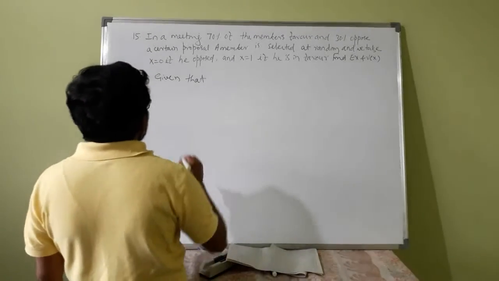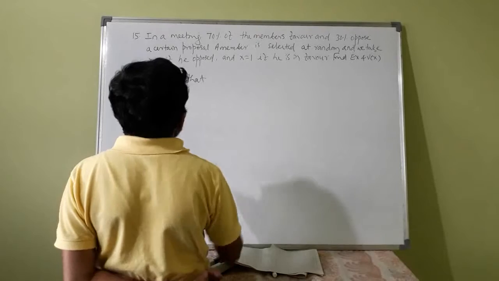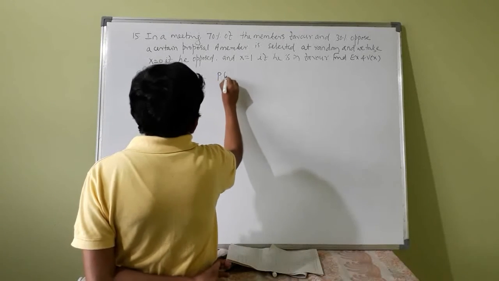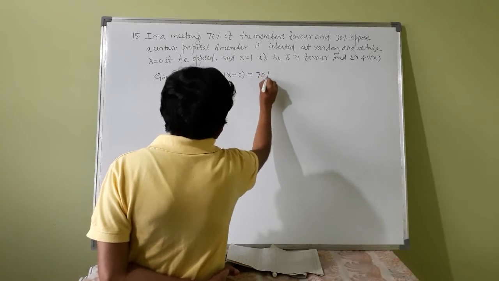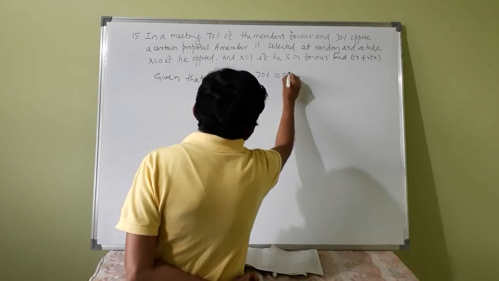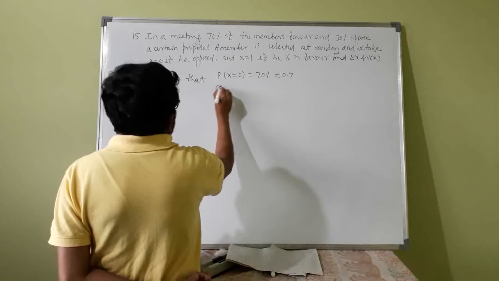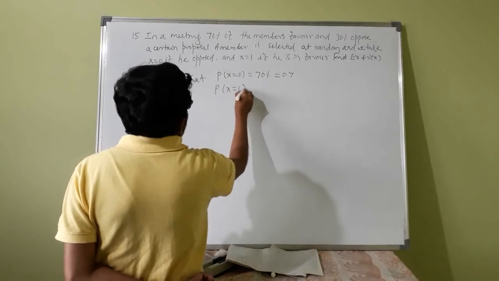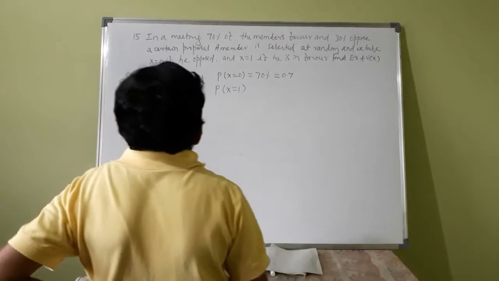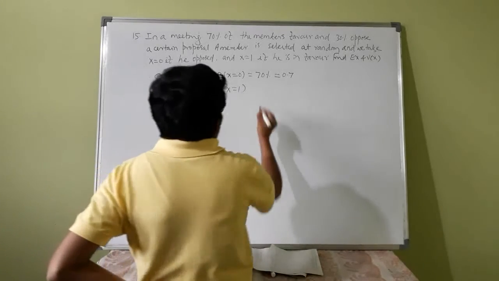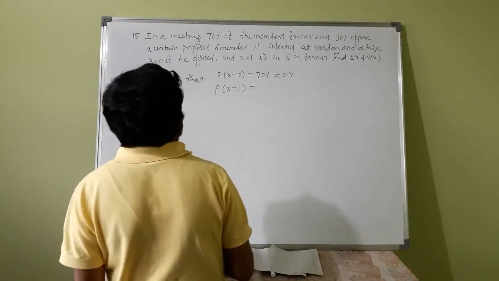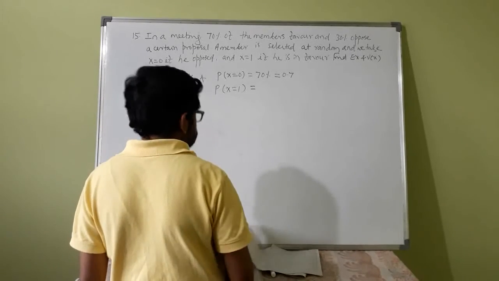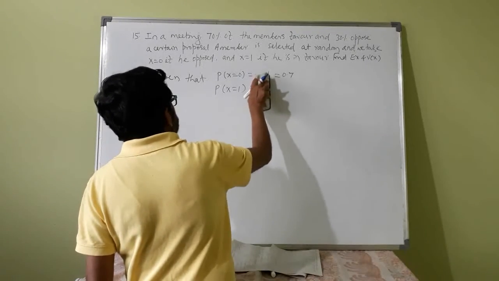X is equal to 0 means opposite, probability of x is equal to 0 is 30%, not 70%. X is equal to 1 is he is in favor.